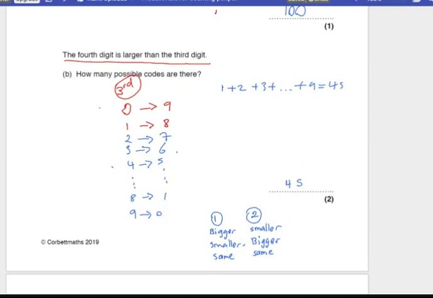Does that make sense? Yeah. So the ones that we want are the ones where we get smaller, bigger, because it says the 4th digit has to be larger than the 3rd digit. So we just need to get rid of same, same, and bigger, smaller. If we get rid of same, same, there aren't that many. That's going to be 0, 0, 1, 1, 2, 2, 3, 3, 4, 4, 5, 5, 6, 6, 7, 7, 8, 8, 9, 9, which is 10 different possibilities.